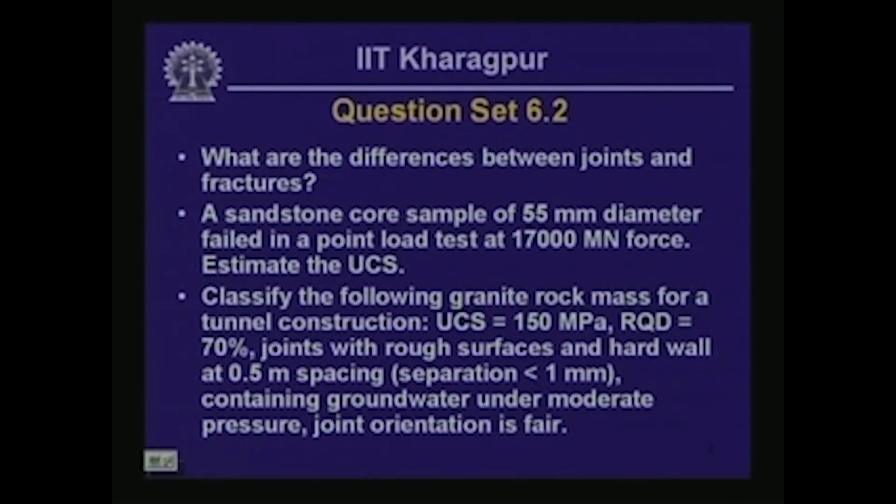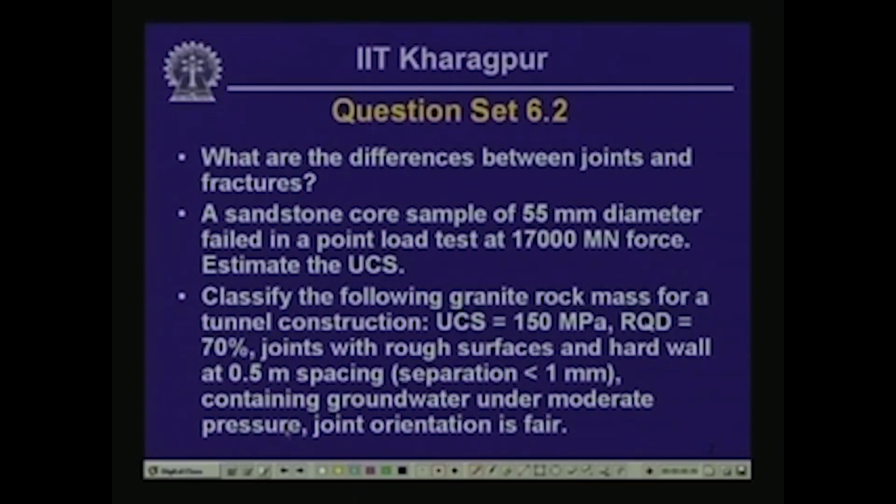Then the second question that I asked was, a sandstone core sample of 55 millimeter diameter failed in a point load test at 17,000 meganewton force, estimate the UCS. So the problem here is like this.